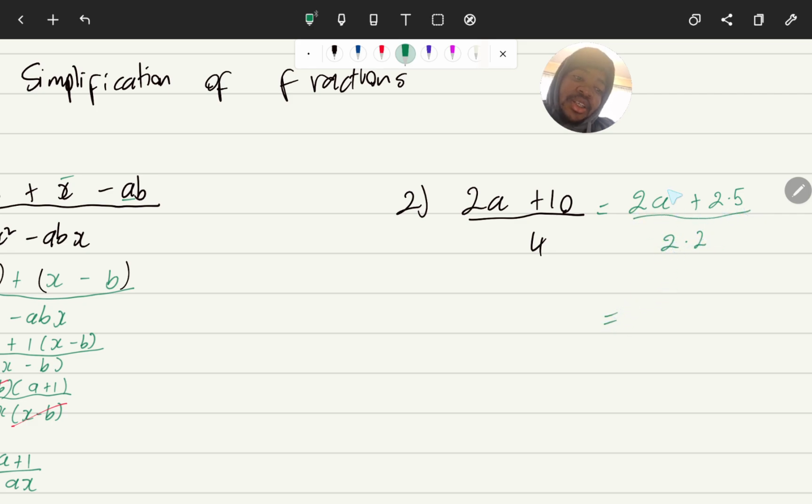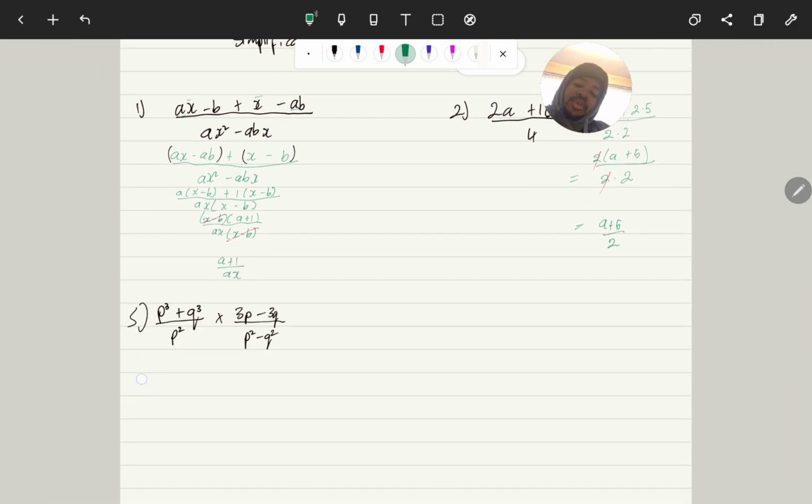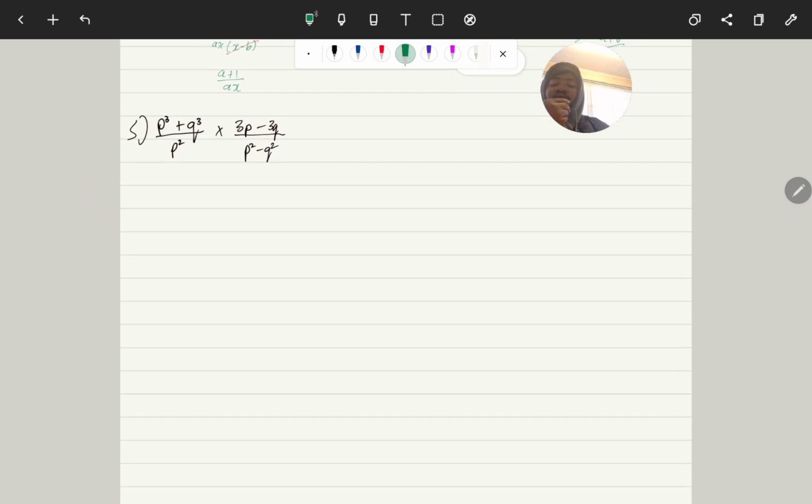Then you realize the common factor is 2. You have 2 into a plus 5, then you have 2 multiplied by 2, and this 2 cancels out this 2. Therefore, you have a plus 5 all over 2. Very simple, straightforward.